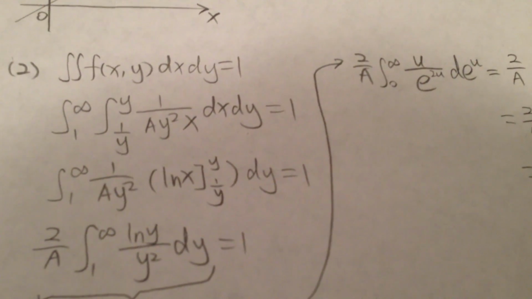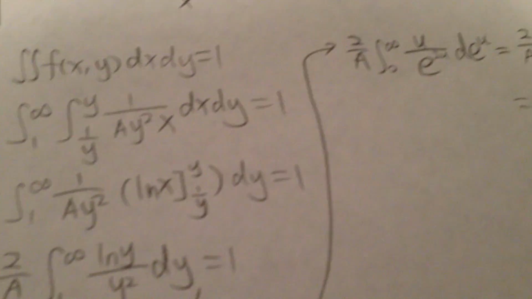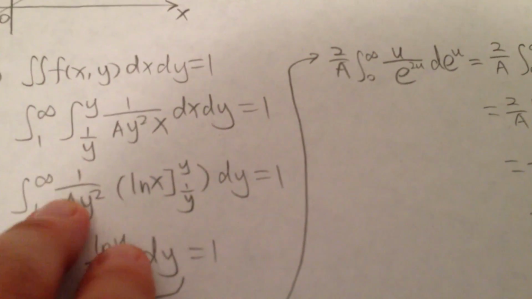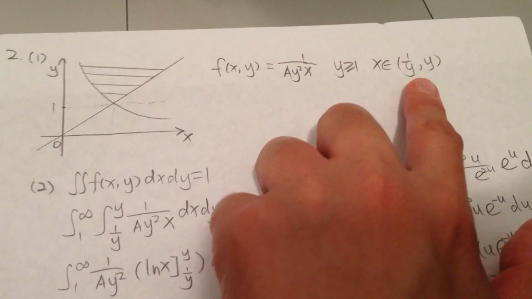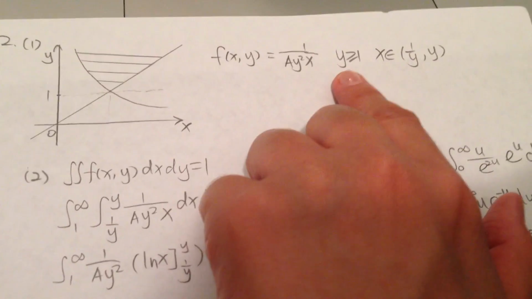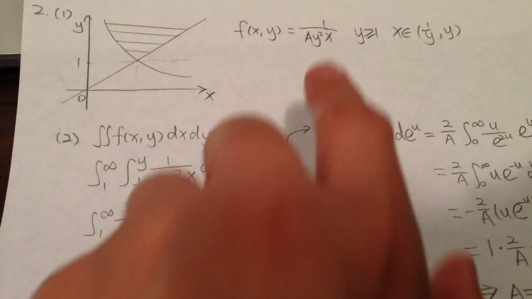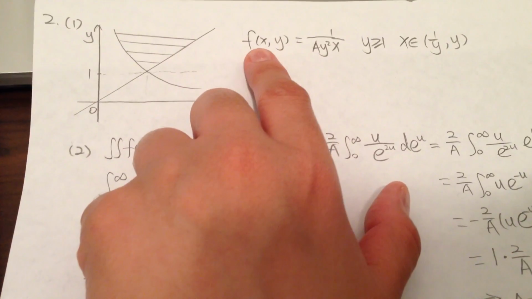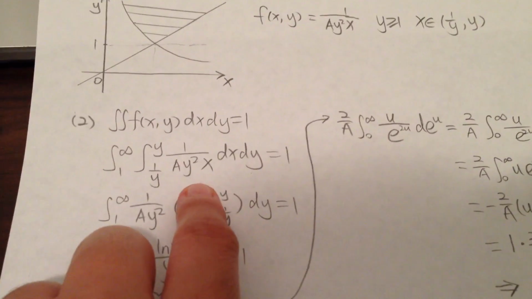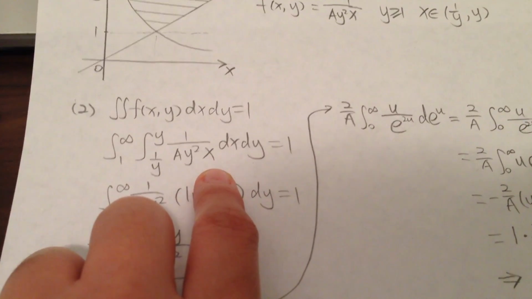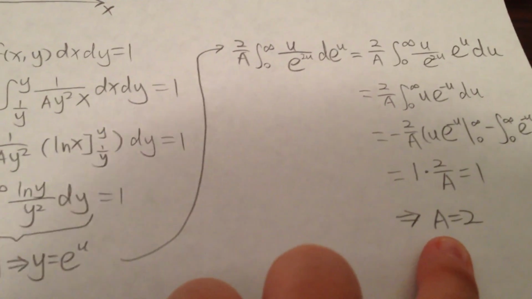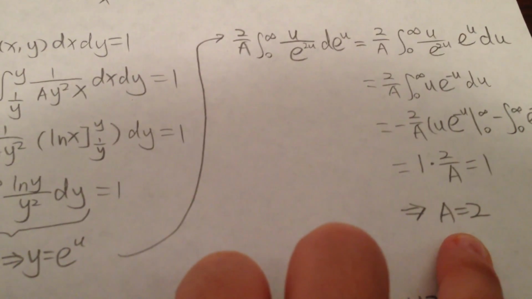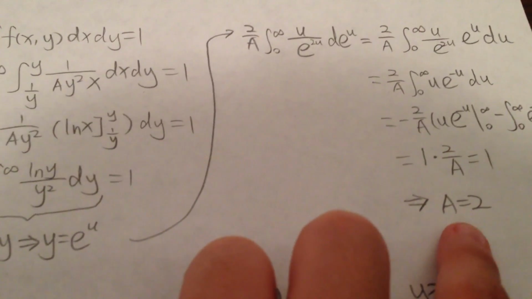In this problem, we just plug the region of x and y, as well as the equation f(x,y), into this formula. After solving this equation, we get a equals 2. So this is the answer for part B.